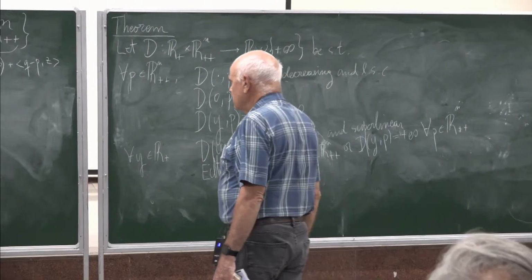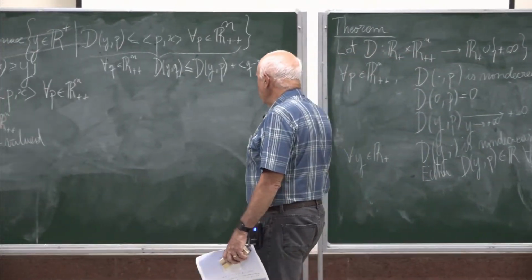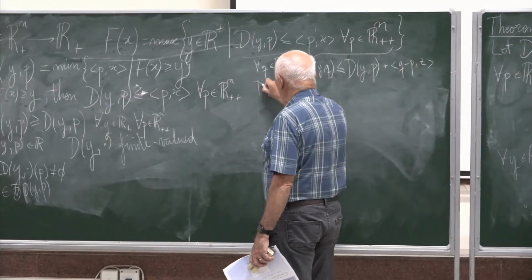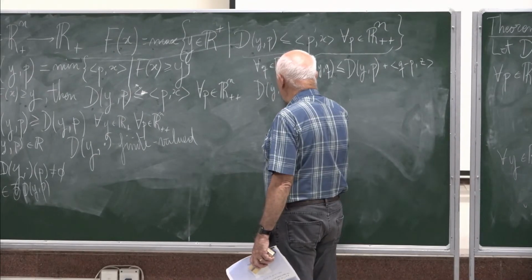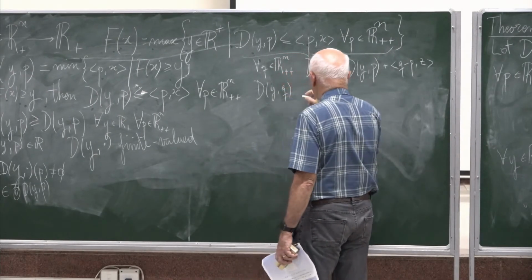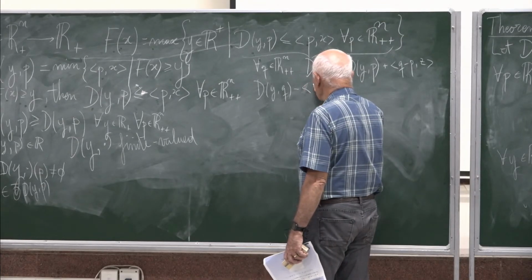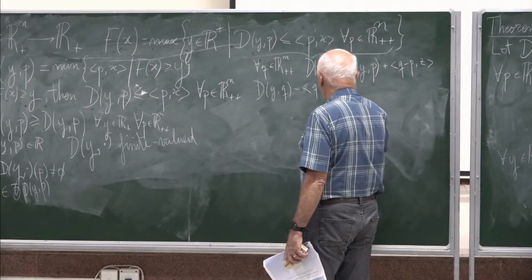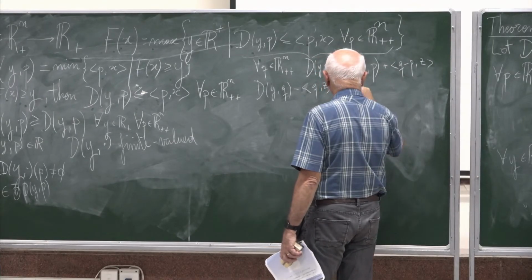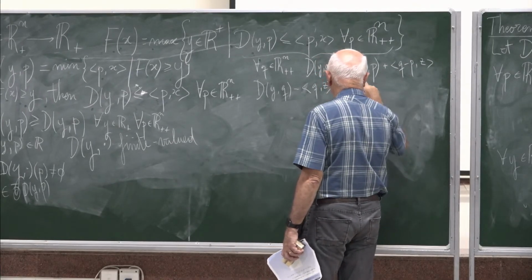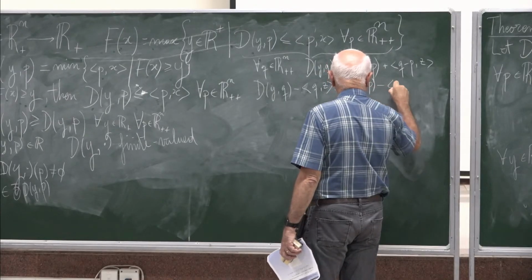Let's write it in an equivalent way. D of YQ minus QZ less than or equal to D of YP minus PZ.